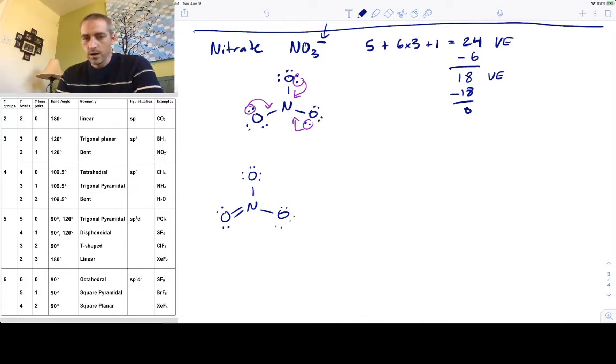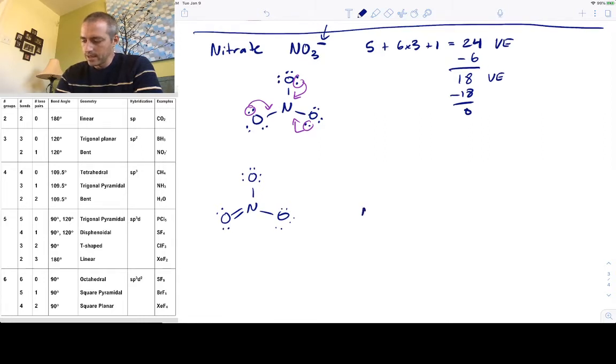Or if you take one off the top oxygen, you're going to have this structure. Or you take it from the rightmost oxygen and you have this structure.